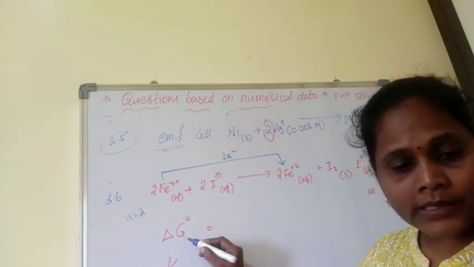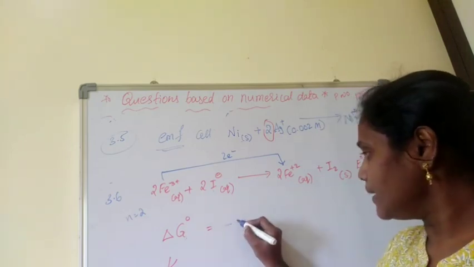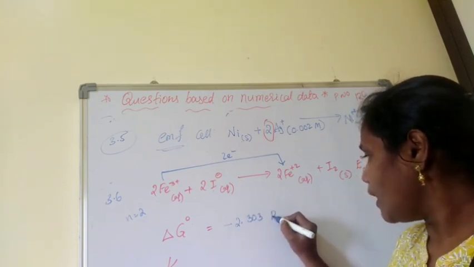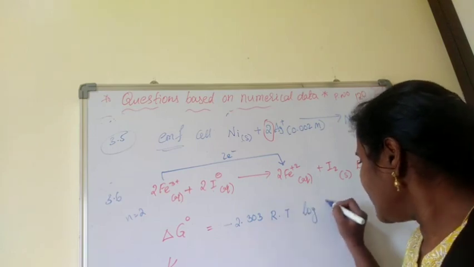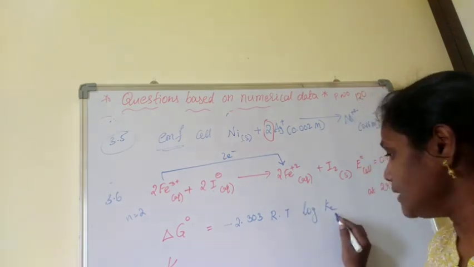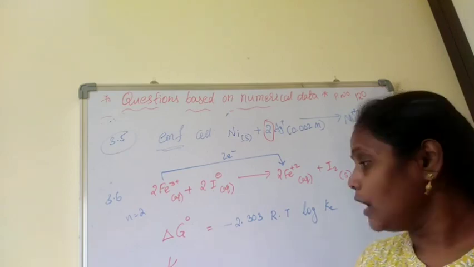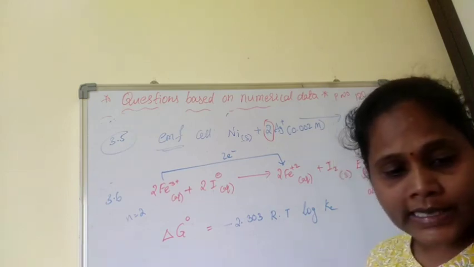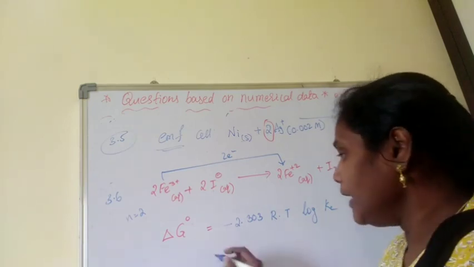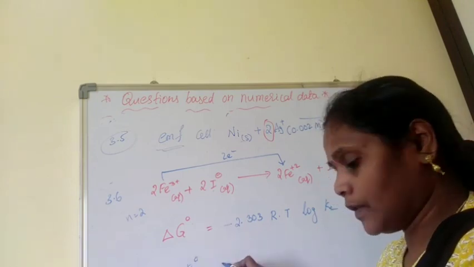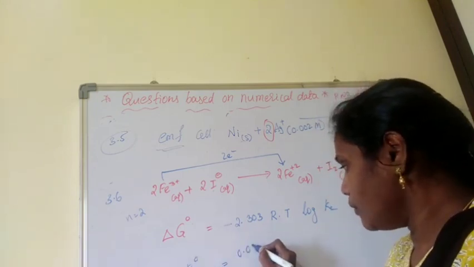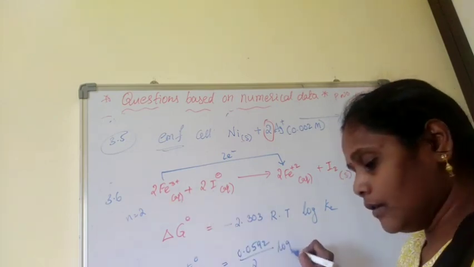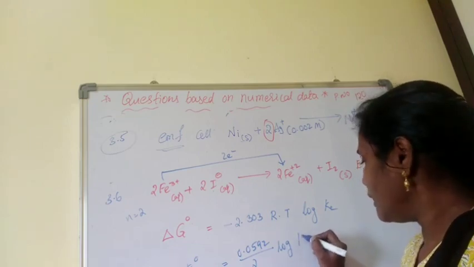So what is the delta G formula? Delta G naught is equal to minus 2.303 RT log Kc. But I don't know Kc, therefore first I have to calculate Kc. How to calculate Kc? Again we have a formula: E naught cell is equal to 0.0592 by n, again my n will be 2, log Kc.